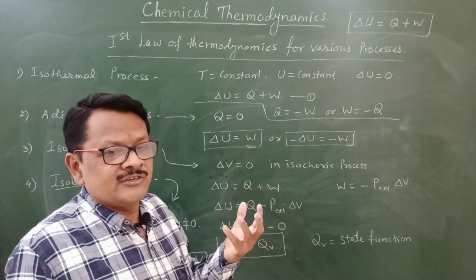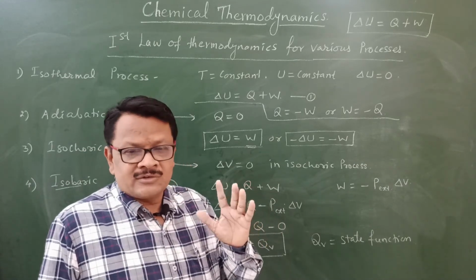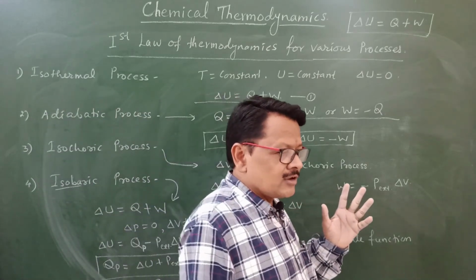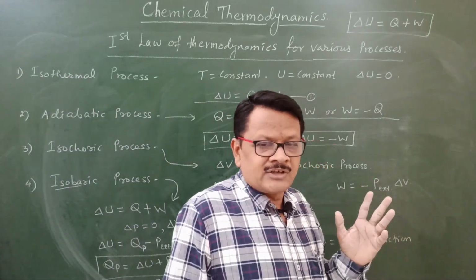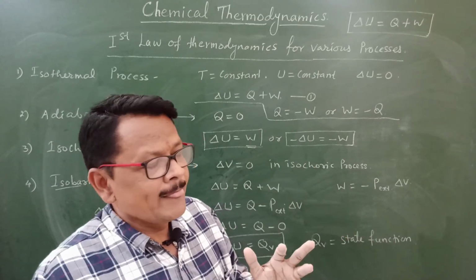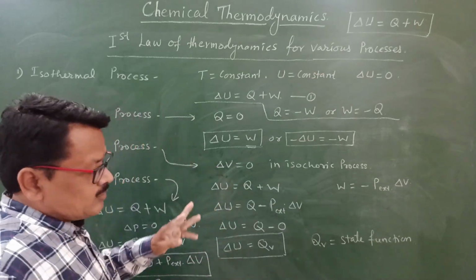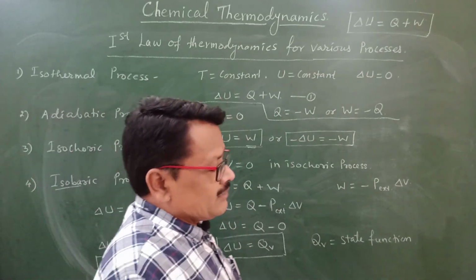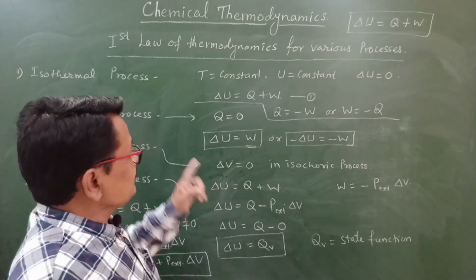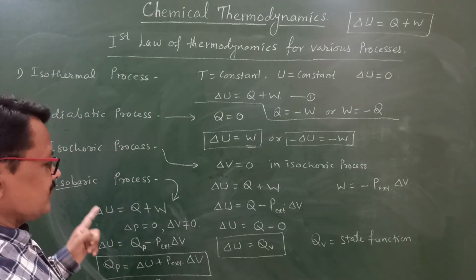The meaning of all these 3 statements is the same: the total energy of the universe always remains constant. This first law of thermodynamics is also called the law of conservation of energy. Energy can neither be created nor destroyed, but it can be converted from one form to another form. And its mathematical equation is delta U is equal to Q plus W. And in the third point we saw how this mathematical equation is obtained for various processes, meaning isothermal process, adiabatic process, isochoric process and isobaric process.